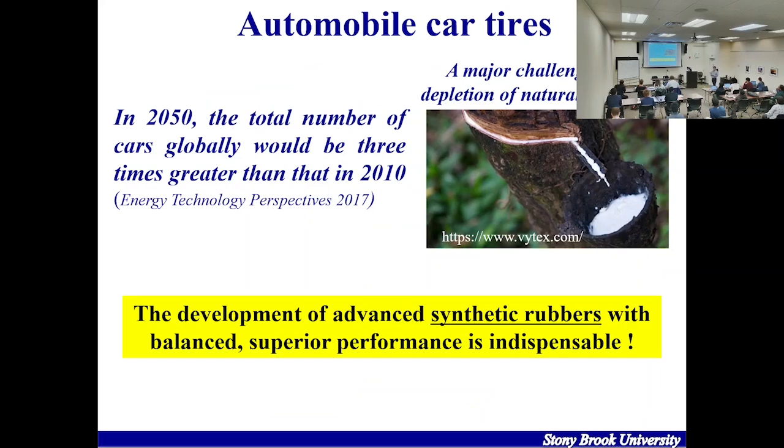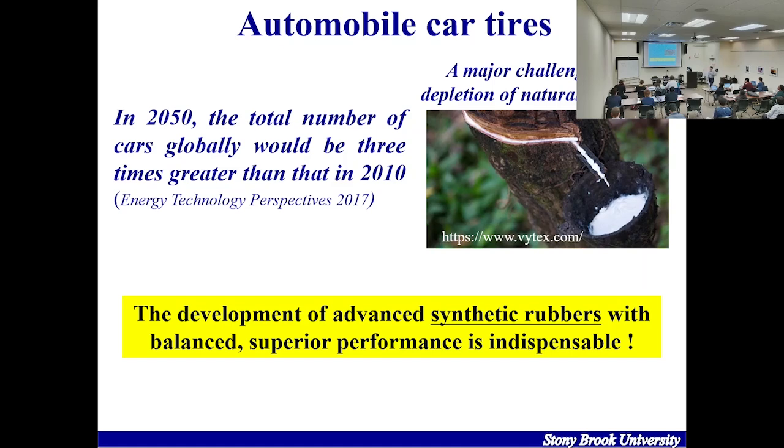As you know, the automobile tire is an integral part of our society. Even if you have a Tesla, if you don't have a tire, it's useless. The tire is the only component that attaches to the road. So the tire is really important for safety, economy, and grip condition.